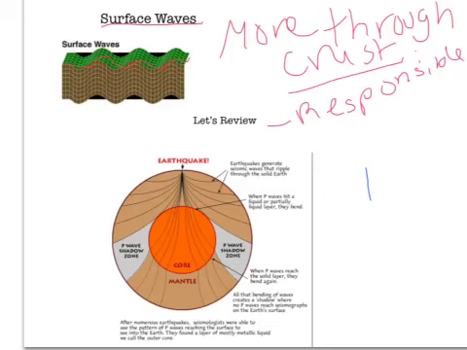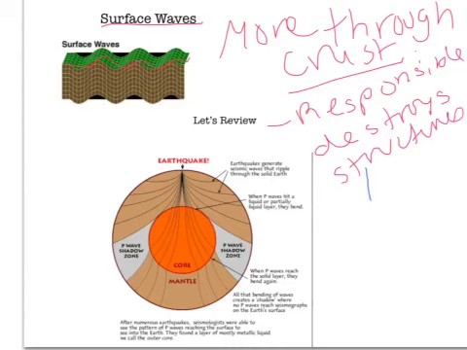Because they're moving through the crust, they are destroying properties, buildings, structures, roadways. Anything that has to do with the surface is being destroyed because of the surface wave. The surface wave travels at the slowest speed compared to the primary and secondary wave.